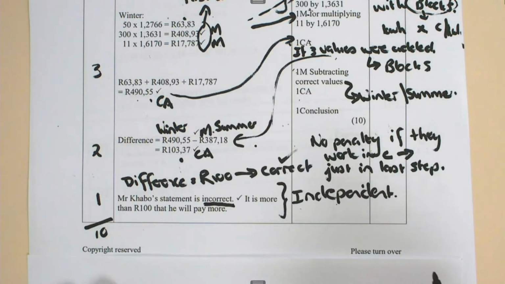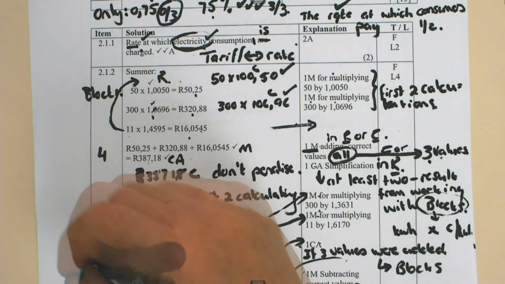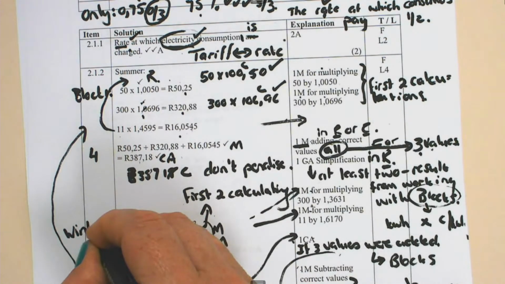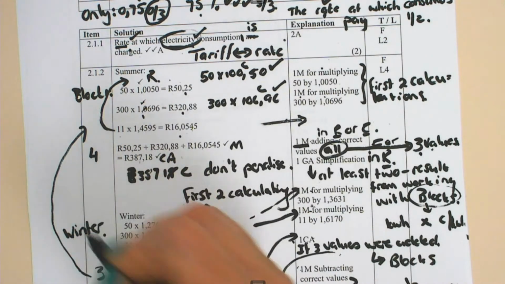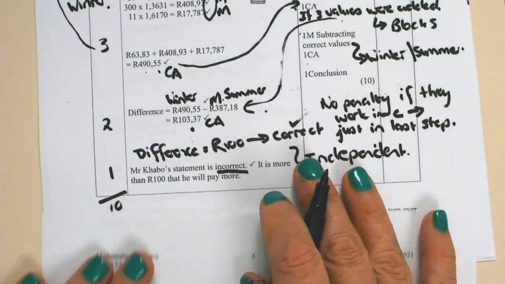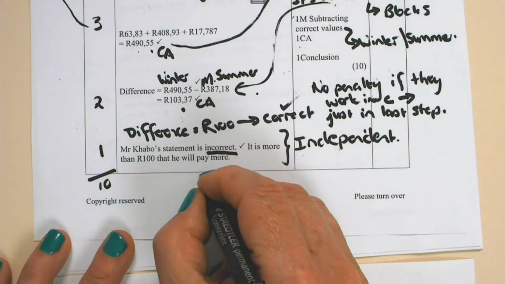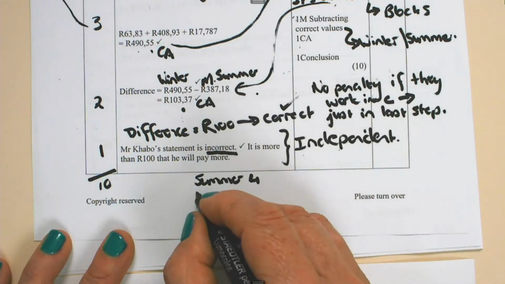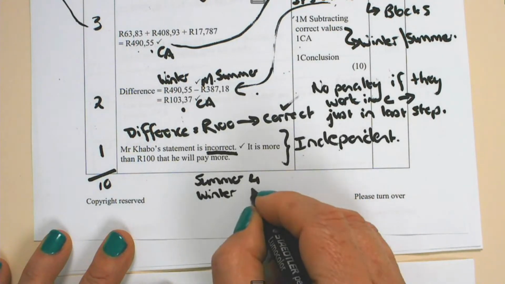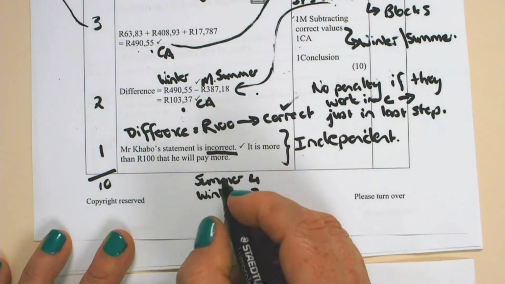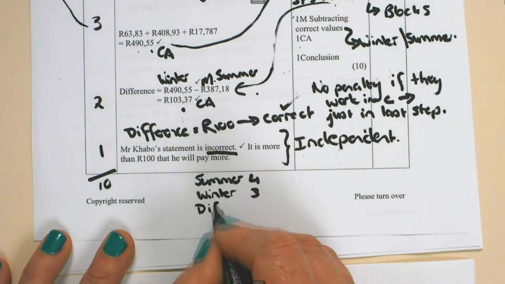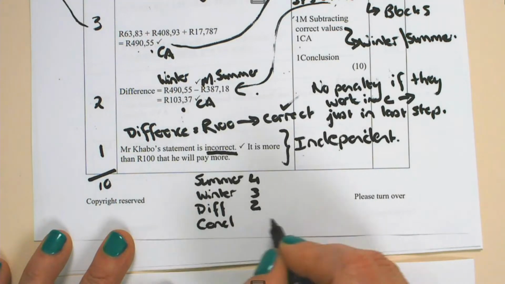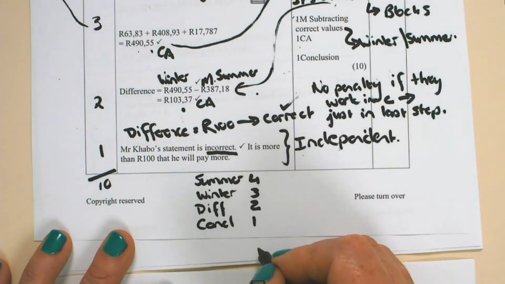Now remember, if the learners decide to do winter first and not summer, if winter is done first, then winter can get 4 marks. Let me try to explain it to you like this. In this case, summer is done first, so it can get 4 marks. Winter is done second, it can get 3 marks, a maximum. Then there is the difference, which can get 2 marks, and there is the conclusion, which can get 1 mark, to make the total of 10 marks.